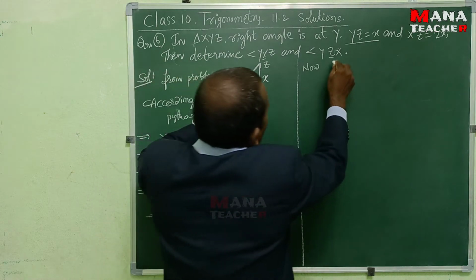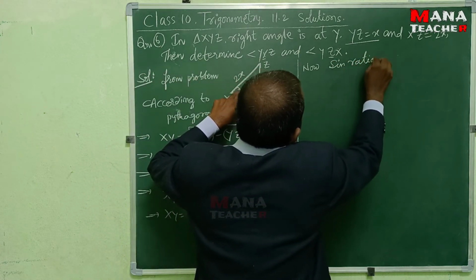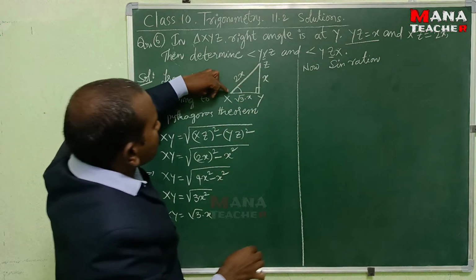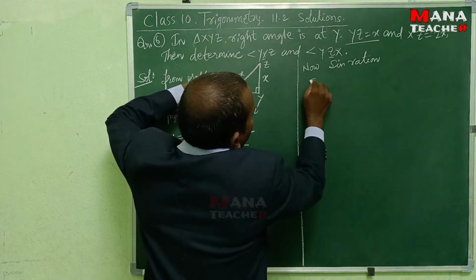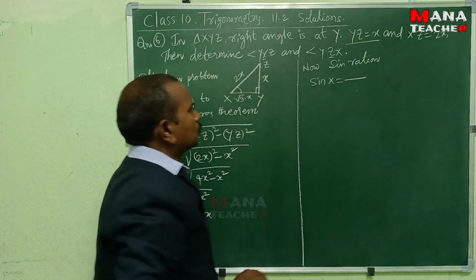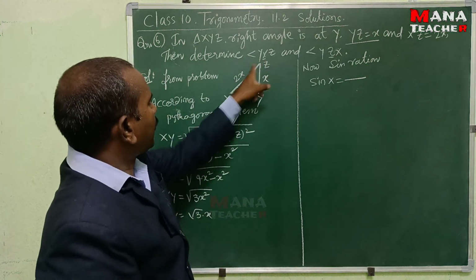Now take sine ratio to the given angle. Here sin x equals, what is the ratio of sine? Opposite by hypotenuse.